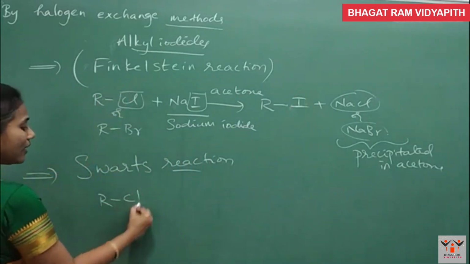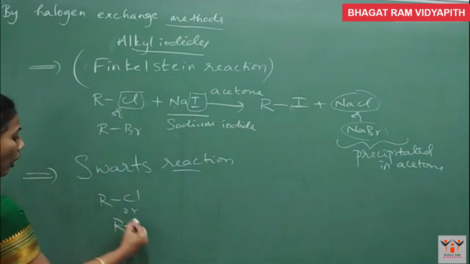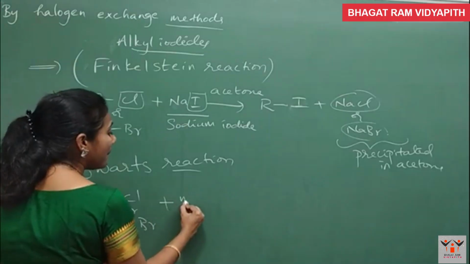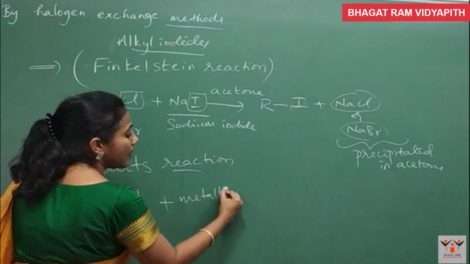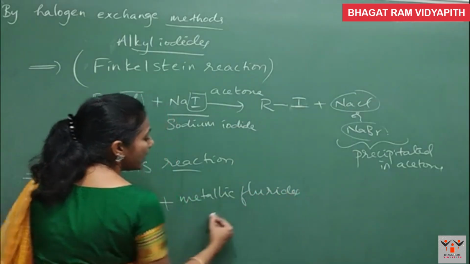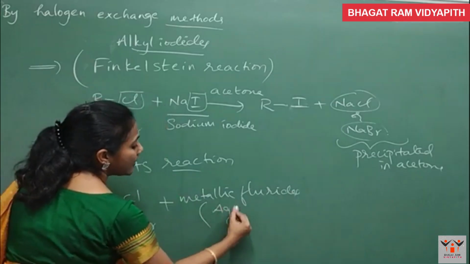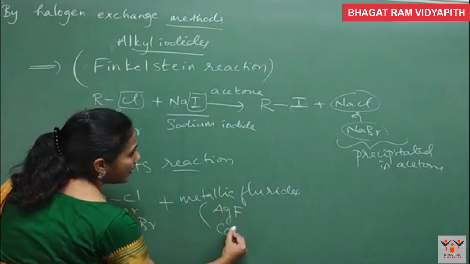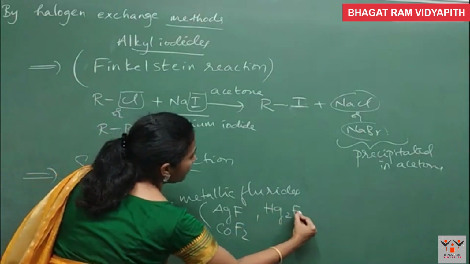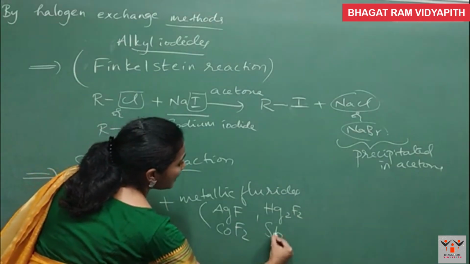We take alkyl chlorides or alkyl bromides and heat with metallic fluorides. Metallic fluorides can be AgF, CoF2, Hg2F2 or SbF3.